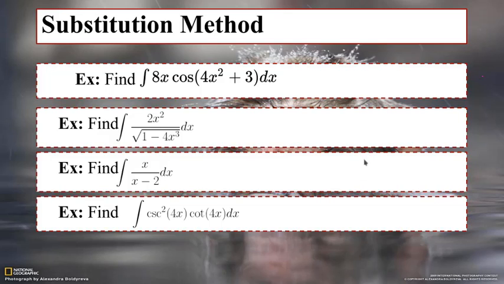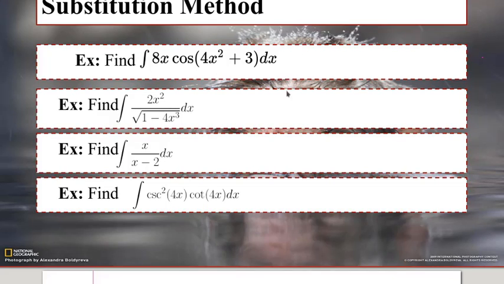Okay, let's make things a little more interesting. This time, when I do my du, I'm not going to get just a constant times dx. So for example, let me come down here a little bit.